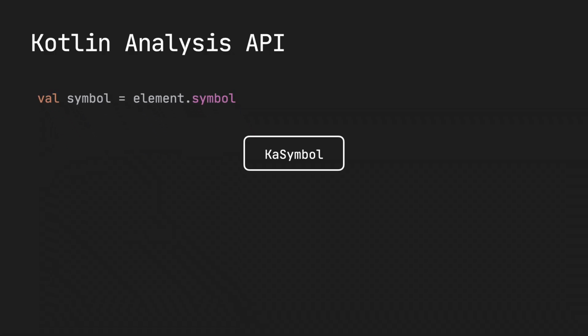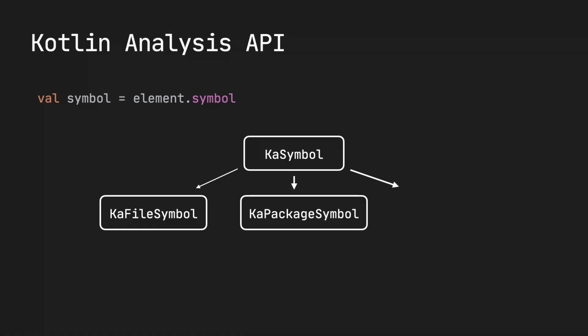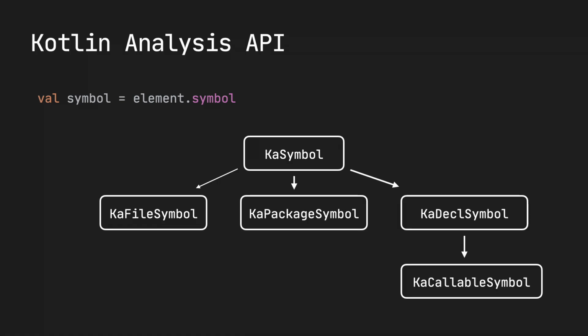What does the structure of the hierarchy of KA symbols look like? I could get a file symbol, a package symbol, a declaration symbol, or a callable symbol if I'm calling a function. The root interface is a KA symbol, but then I have these inherited interfaces: a file symbol, a package symbol, and a call symbol.